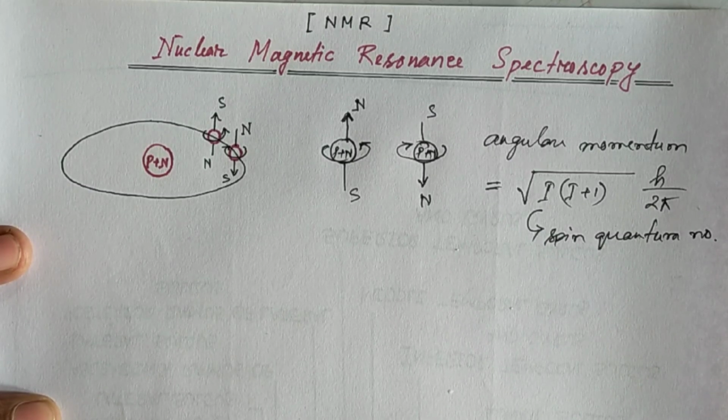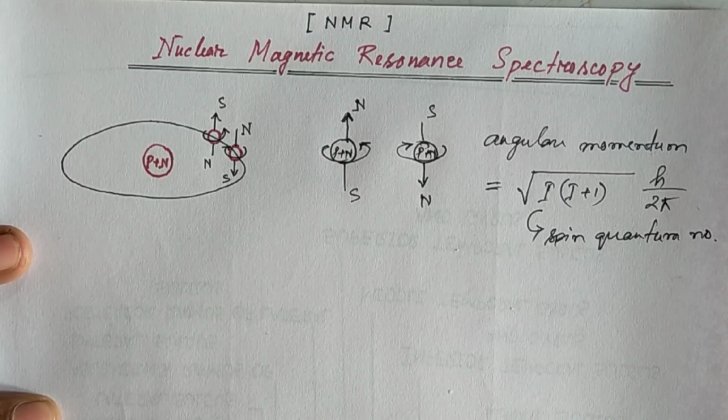Resonance means the induced magnetic field of the nucleus is going to match, in simple words, matching, with the external magnetic field. This is the basic fundamental thing with the help of which we can explain the technical part of NMR spectroscopy.